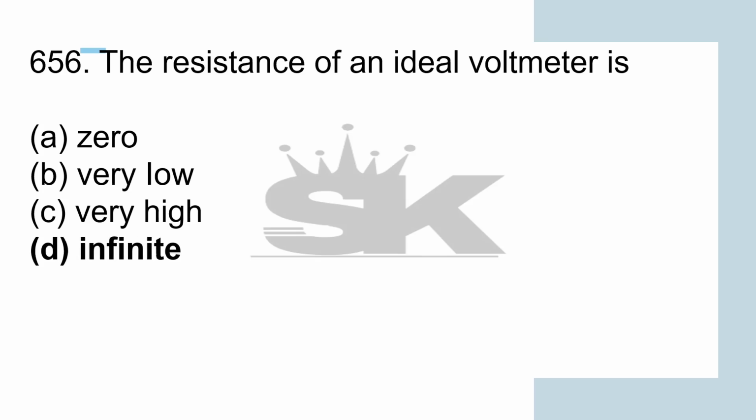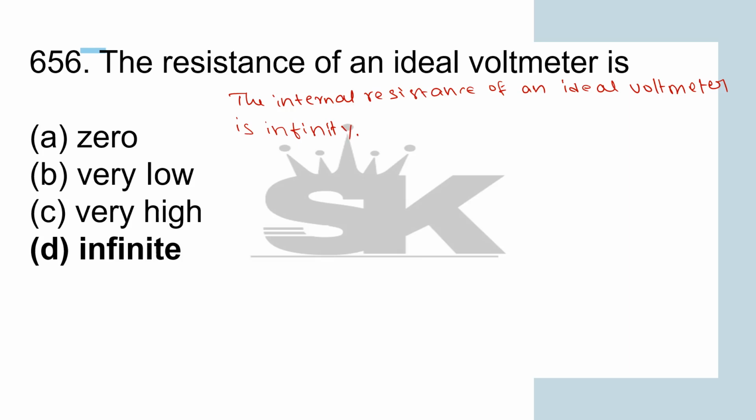I'll write the whole thing here. The internal resistance of an ideal voltmeter is infinity, and the internal resistance of an ideal ammeter is 0.